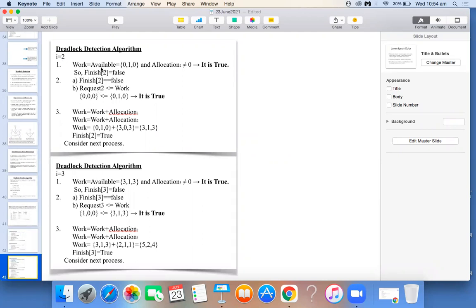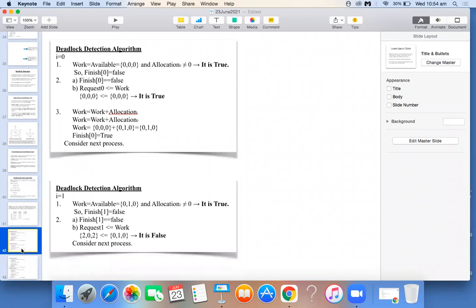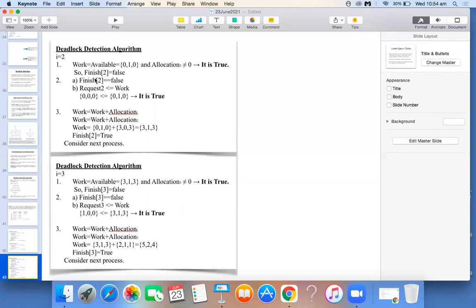Repeat the same procedure. Work is equal to available. Since we have not calculated any new work here, what was our previous value for work? 0, 1, 0. Same thing we are using in the next process. That's why I have written work is equal to available is equal to 0, 1, 0. And we have to check allocation of 2 is not equal to 0.